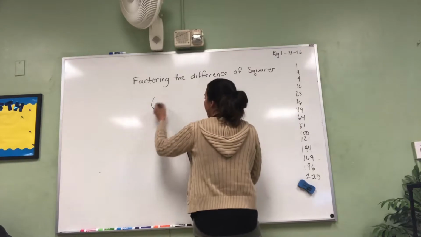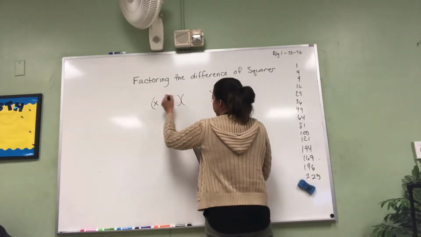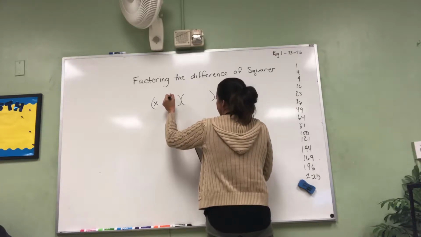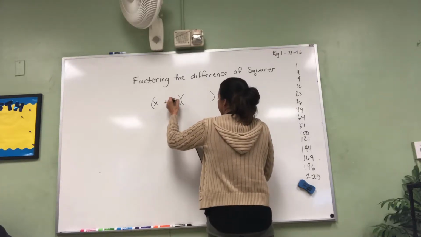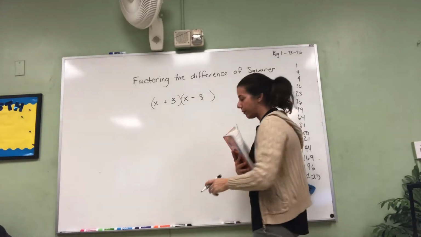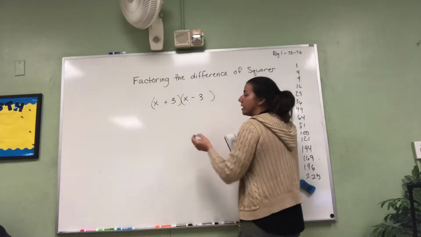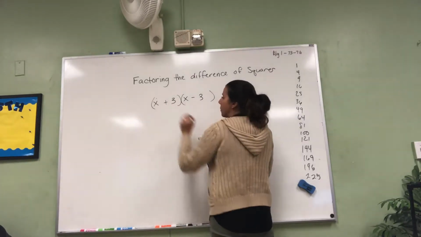Now, to show you why it works, we'll do the opposite of factoring, which is distributing. Let's say we had x plus 3 and x minus 3. You can just watch, you don't have to write this out. We want to distribute.